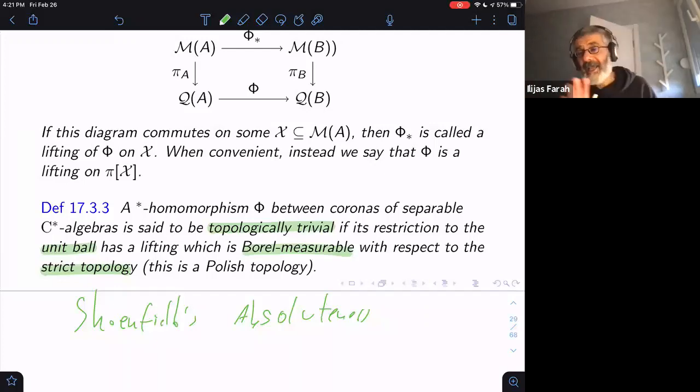It tells you that as you move between transitive models of set theory which have the same Aleph 1, the truth of that statement doesn't change. So basically what this means is that if you can find a Borel measurable map from unit ball to unit ball, which in some model, assuming CH or OCA or whatever, acts as a lifting of an actual isomorphism, then that property does not depend on the axiom that you chose.